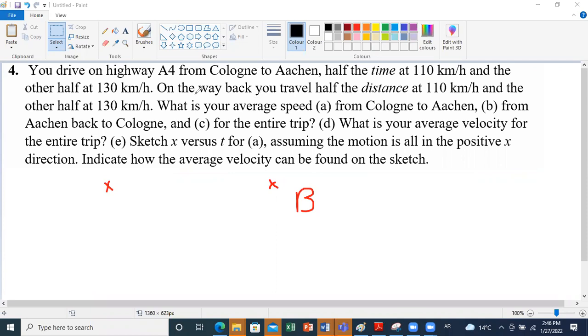They said that on the way back, you travel half the distance at 110 and the other half distance at 130. So now, if you calculate the average velocity, it will not be 120 because I have different times for the first half of distance and the second half of distance. So how can I find now the average speed when I go from B to A?